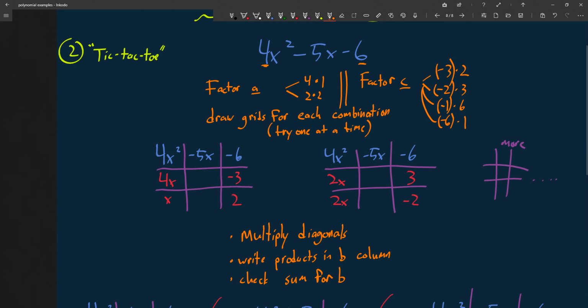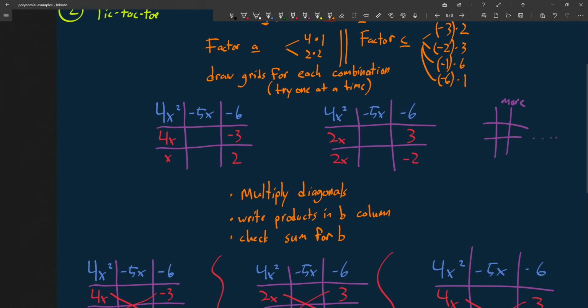You're going to draw grids, and it's called the tic-tac-toe method because it's like that standard kind of tic-tac-toe grid. If it was on your phone, it would be called the octothorpe, or I think it's called now a hashtag, whatever, that shape. And you're going to write in on the top row your original trinomial. So every time you're drawing this grid, you're going to write in that original trinomial. And you might have to do a bunch of them, but try one at a time. And you're going to write out the factors of a term, so 4x times x, so 1 times 4.